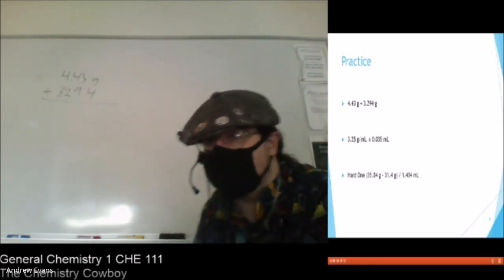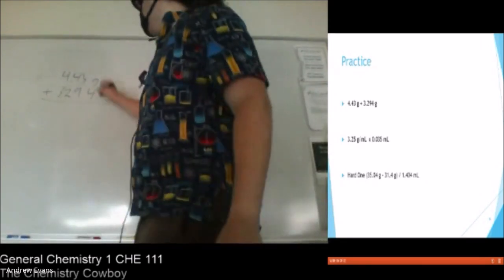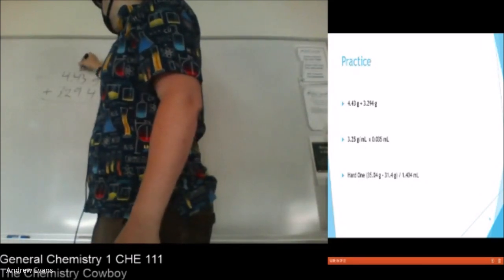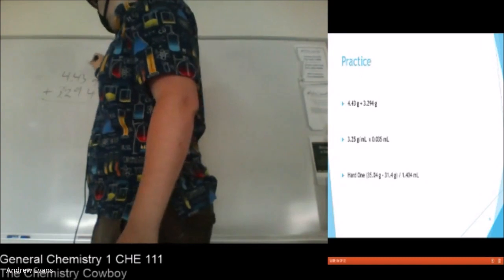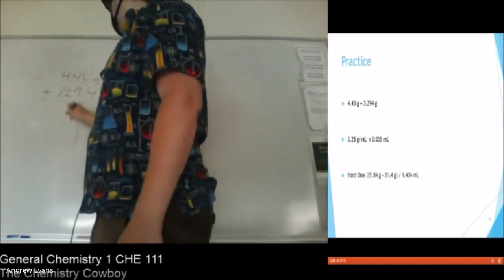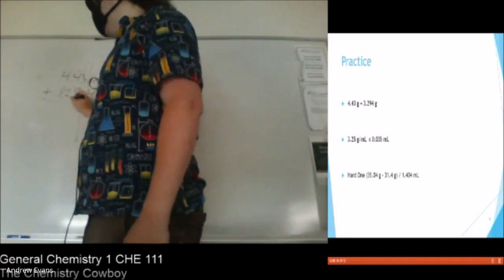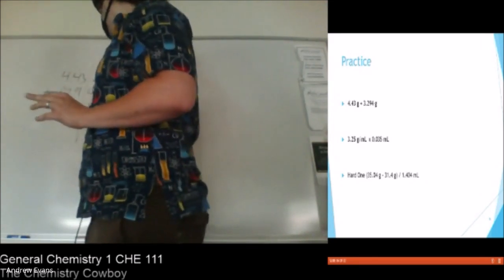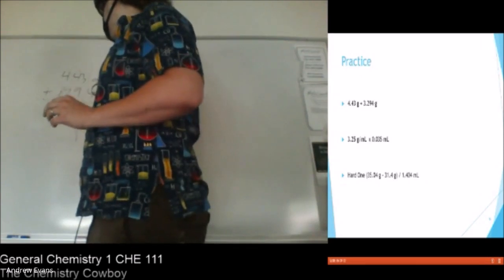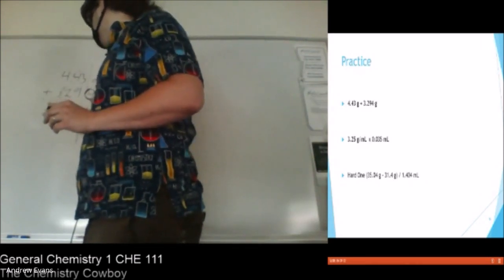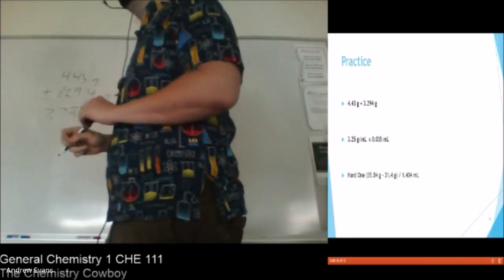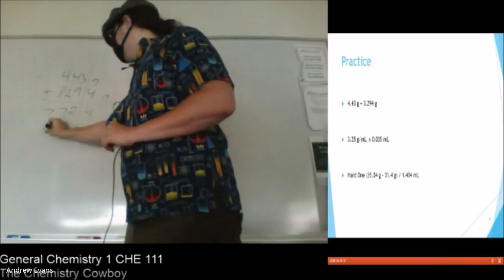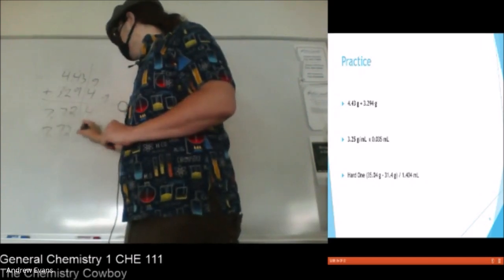At this point, I'm going to put a line where the last digit is: ones, tenths, hundredths. When I do this, feel free to do the whole math in your calculator. Just remember, as you do the whole math, you have to round in the end. So 7.724 rounds to 7.72 grams.